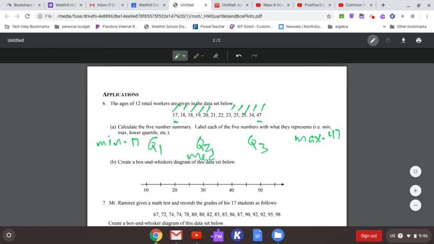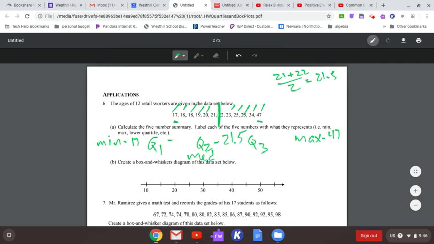And now we have 2 numbers here, so it's going to fall right in between 21 and 22. If we do 21 plus 22 divided by 2, that's going to give us 21.5. So our Q2 would be 21.5.